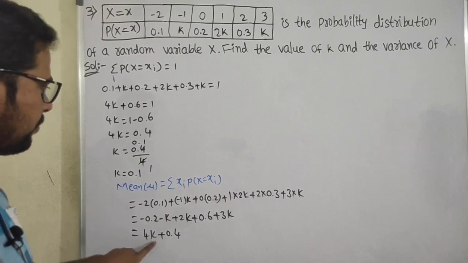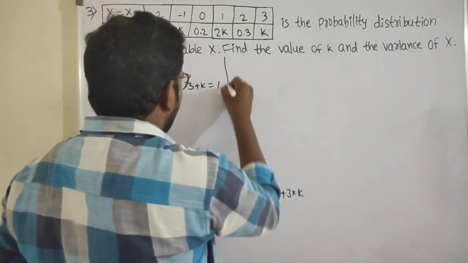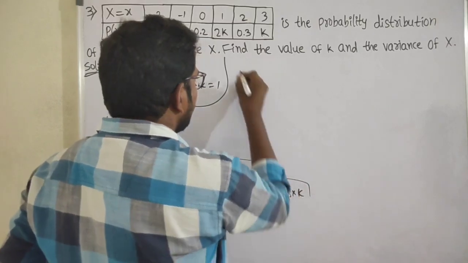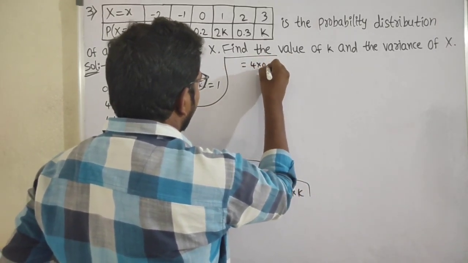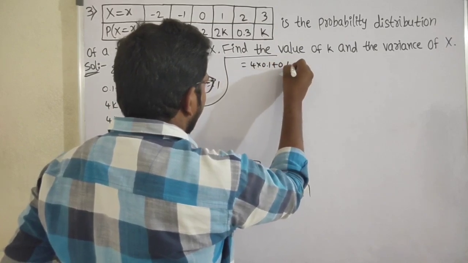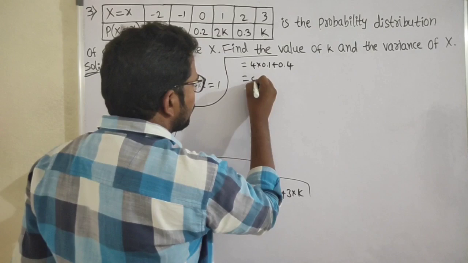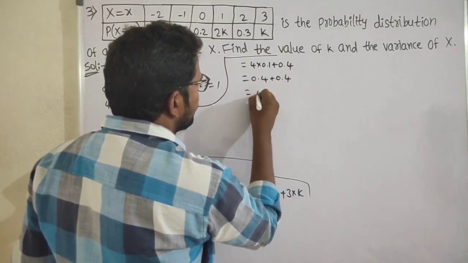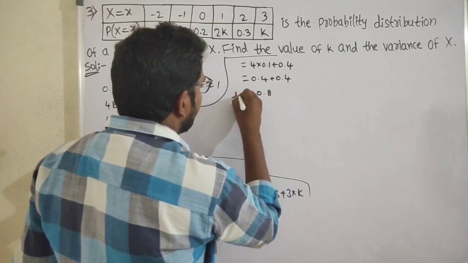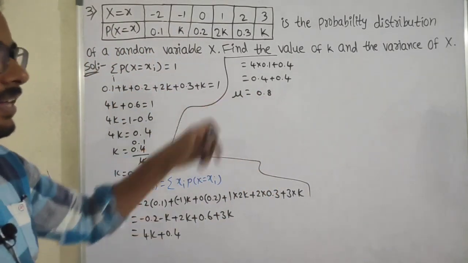With k equal to 0.1, substitute: 4 into 0.1 is 0.4, plus 0.4 is 0.8. This is mu. Mean is 0.8.